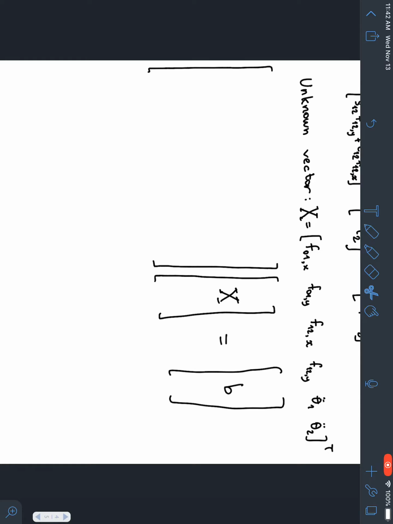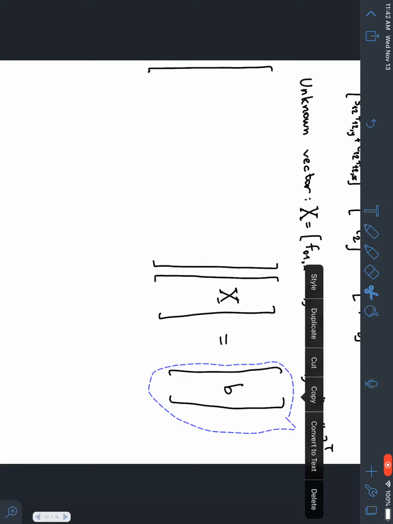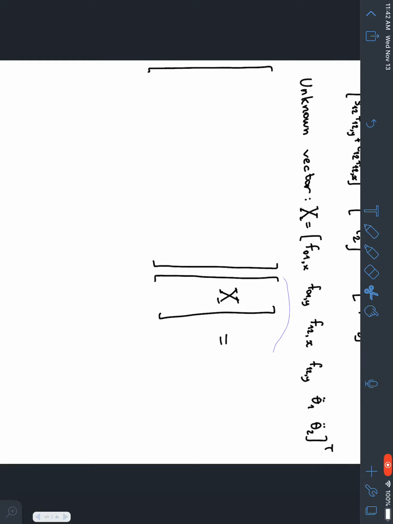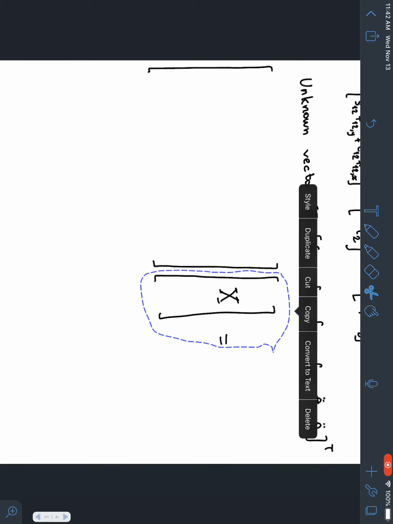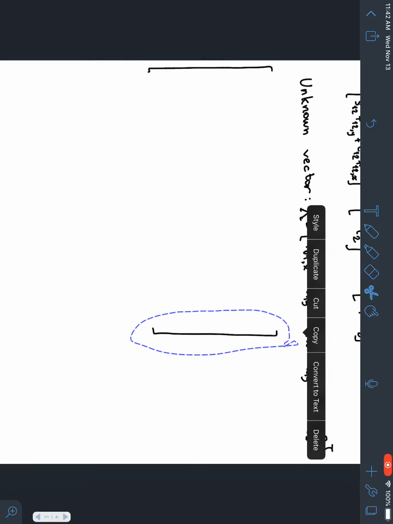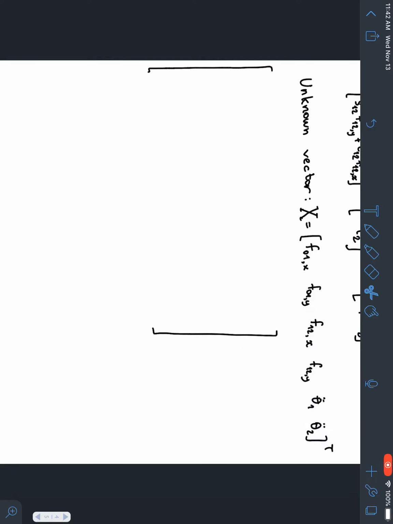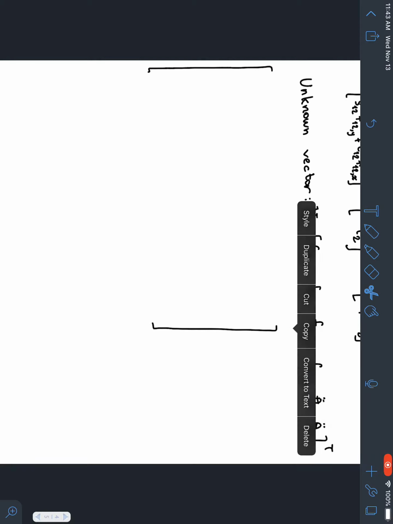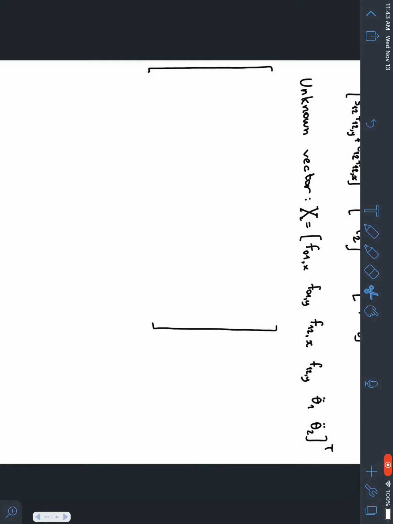Since this may not fit, I'm going to be a bit more clever: I'm first going to populate this matrix, and depending on how long it takes, I'm going to move this back and forth. Actually, let's just write that vector X as well, since I can move it. I couldn't move it on the board, but I can move it digitally here, so much more power.